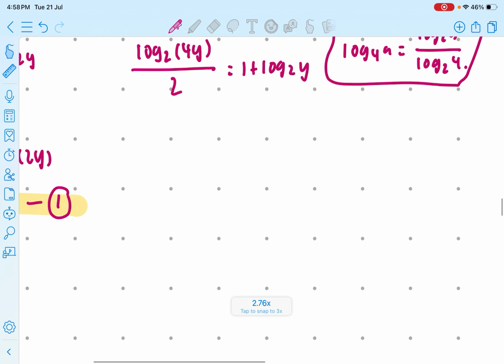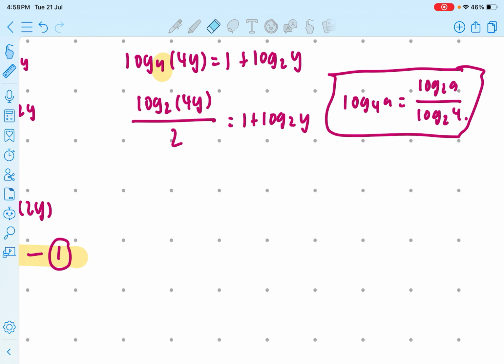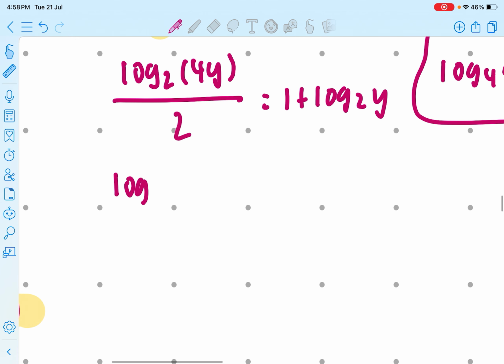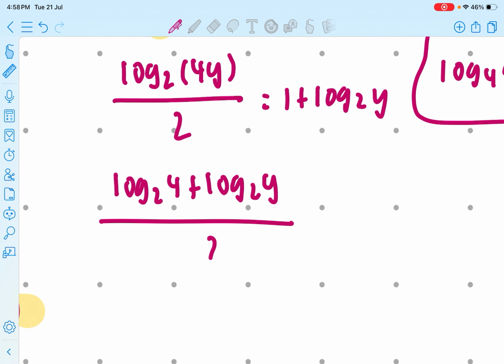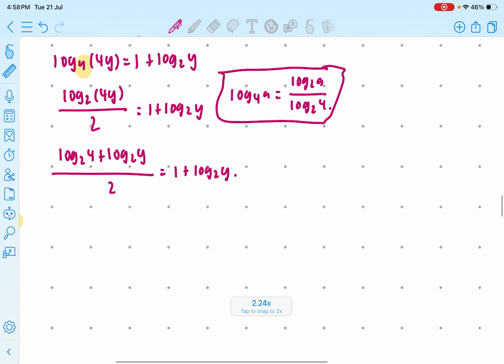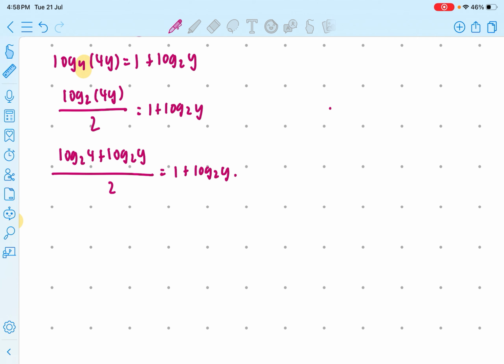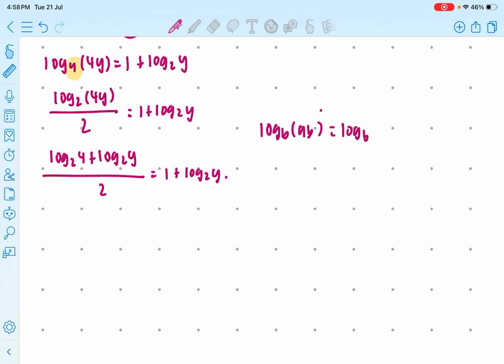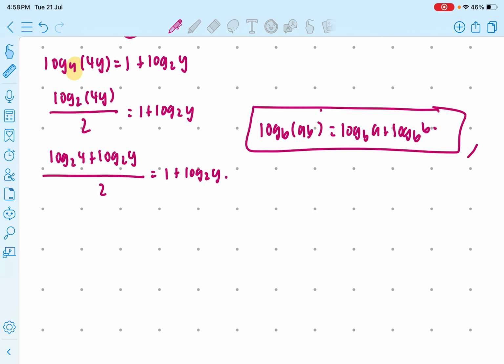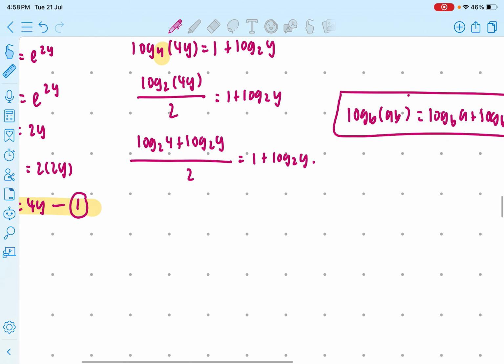Now we apply the product rule. When we apply the product rule, we get log base 2 of 4 plus log base 2 of y, all over 2, equals 1 + log base 2 of y. As a recap, the product rule is log base b of (a times c) equals log base b of a plus log base b of c.